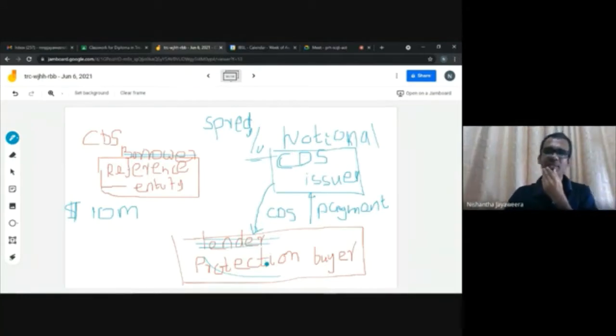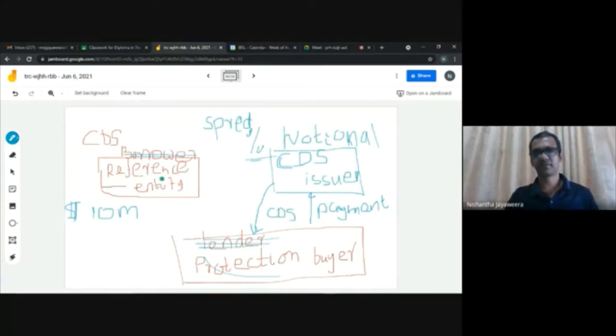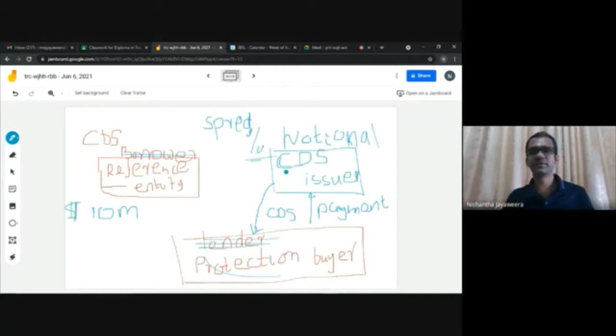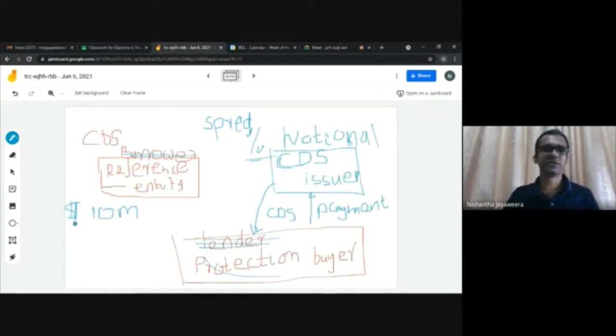So anyone can buy a protection from a CDS issuer, if that CDS issuer is willing to do that, a protection against a reference entity. If that reference entity goes bankrupt, the protection buyer will be compensated by the CDS issuer up to the agreed notional amount.